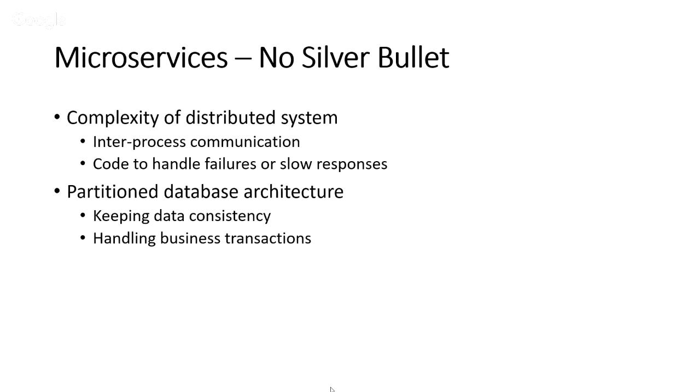If you need to handle some business transaction, you have to do your own explicit handling of how to do the transaction, because your data are not in a single database anymore. So in some scenarios, that can bring quite big complexity to the microservices architecture.